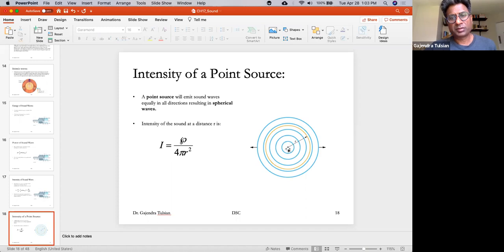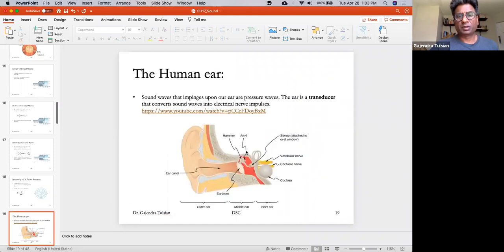That's the power of the speaker divided by 4 pi r squared, the surface area of a sphere. So the intensity at distance r is given by P over 4 pi r squared. So a point source will emit sound waves equally in all directions.